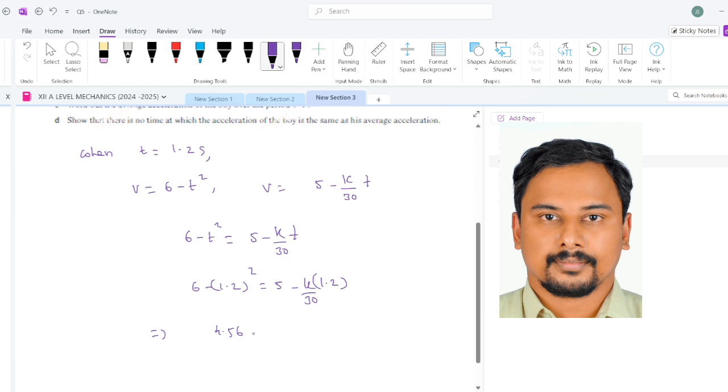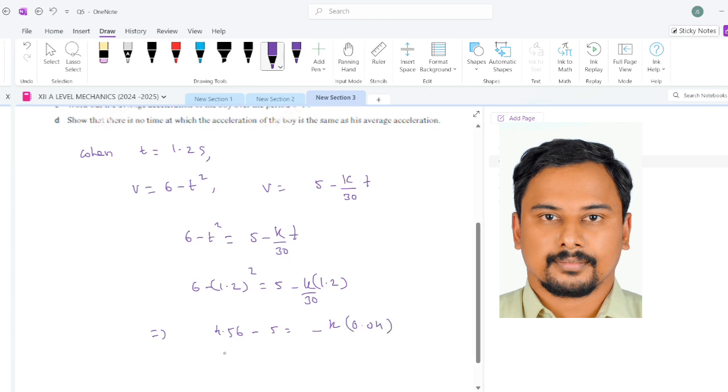If you take this 5 to the other side, minus 5 is equal to minus k into 1.2 divided by 30, which is 0.04, minus k into 0.04.